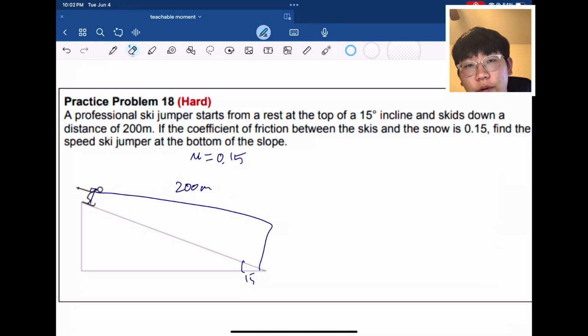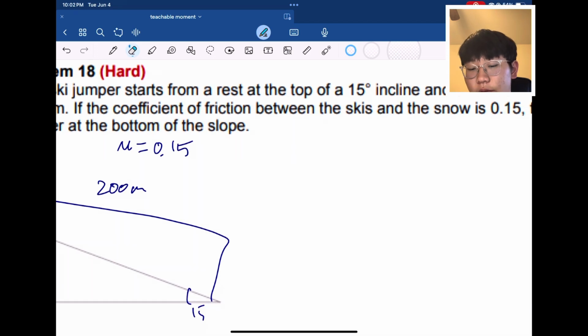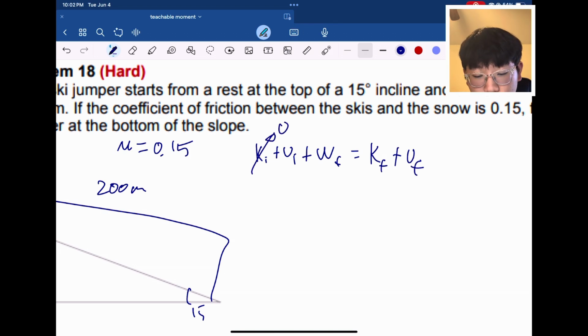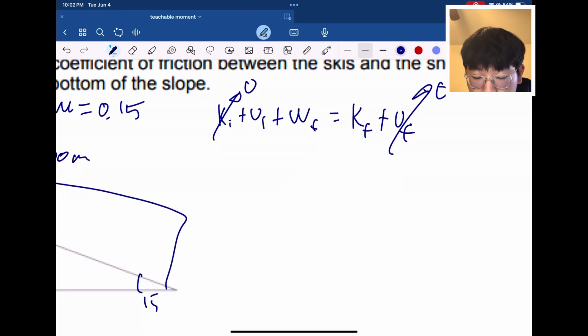Now, if there's friction, there's going to be work non-conservative. So let's start by writing the equation: Ki plus Ui plus work non-conservative is Kf plus Uf. Then we can cross out the initial kinetic energy, as there is none, as well as the final potential energy.